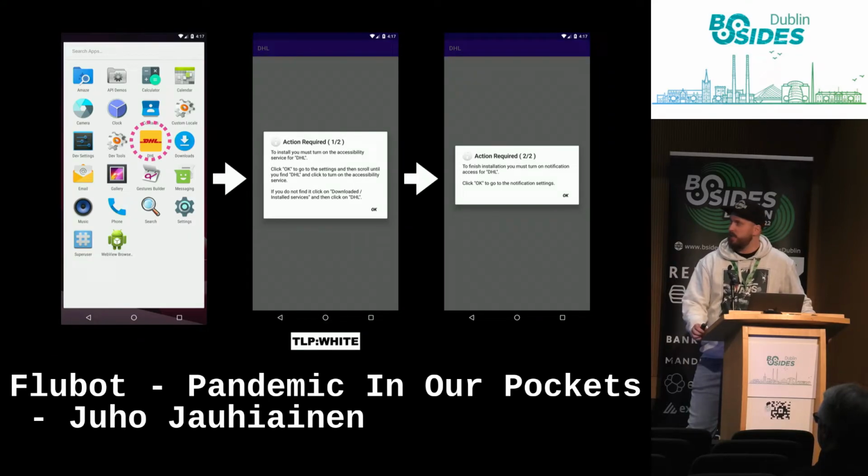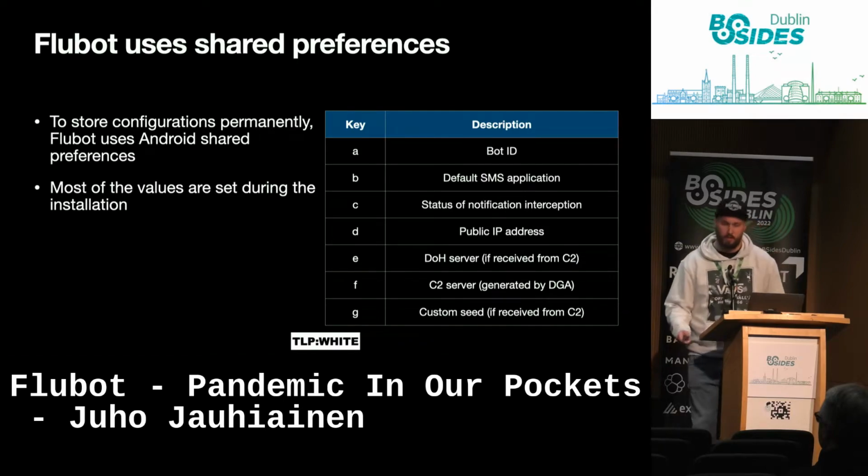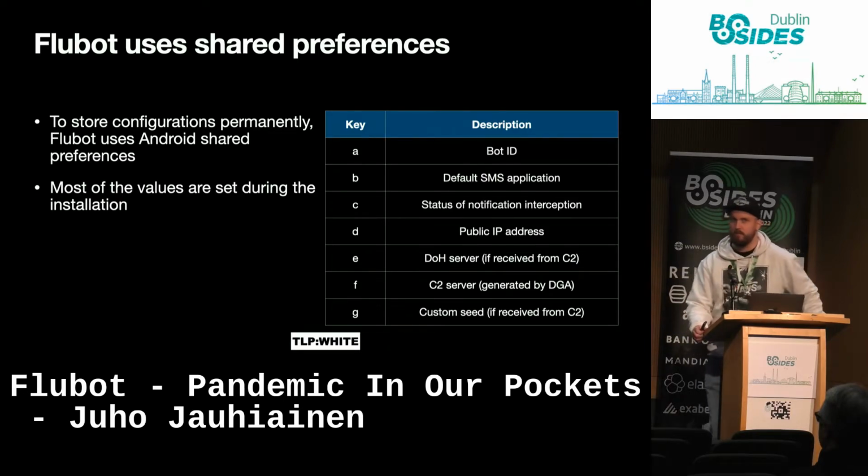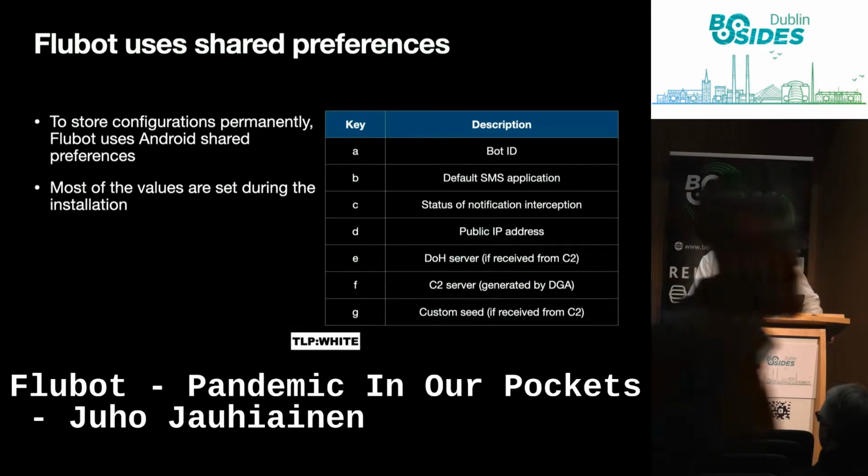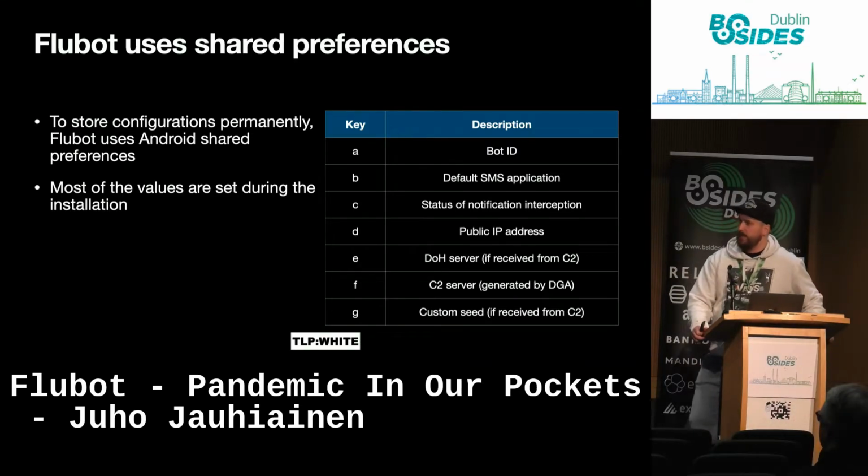And during the installation, after the user gives the rights, it will check the public IP address and a lot of other stuff, which is going to be stored in the shared preferences of the application. This is because it wants to store these kinds of configurations for longer times, and many of the Flubot functions are using the same values, so it uses shared preferences for that.